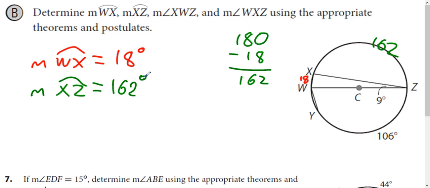And then you get some angles, XWZ. That is an inscribed angle. So it's going to be half that arc right there, half of 162. Half of 162 is 81.